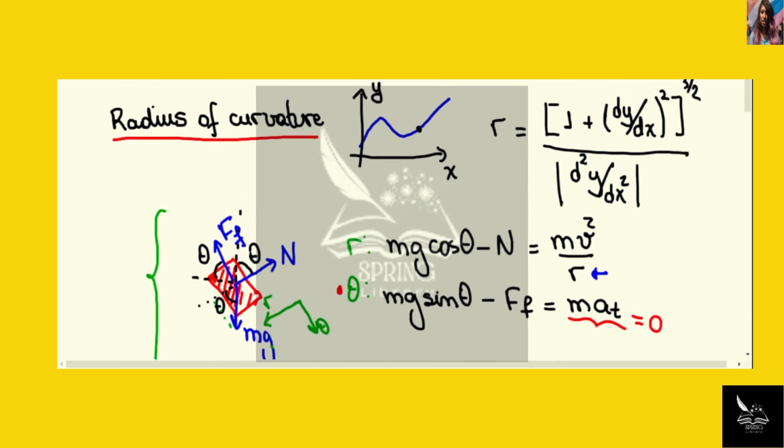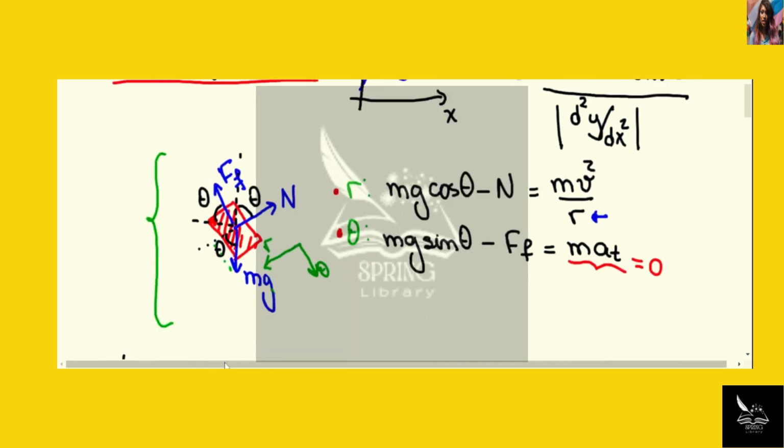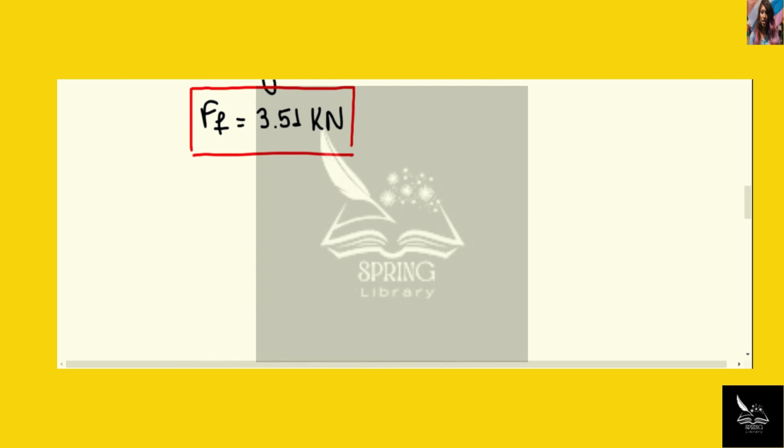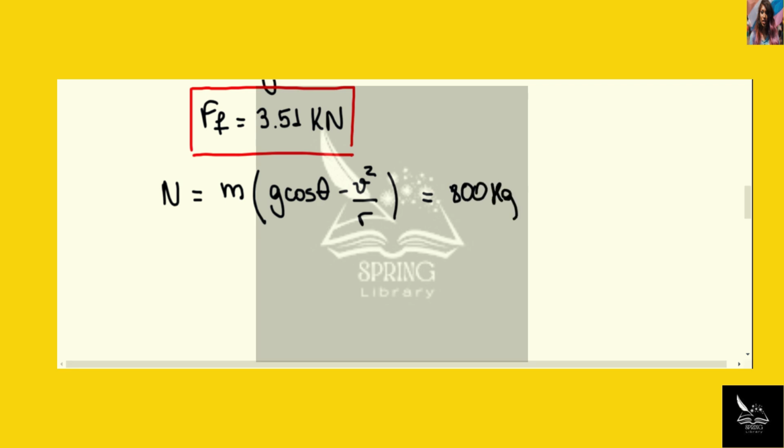I'm going to take the first equation now. So I have that N is equal to mg cosine theta minus v squared over r. Now m is 800 kilograms.